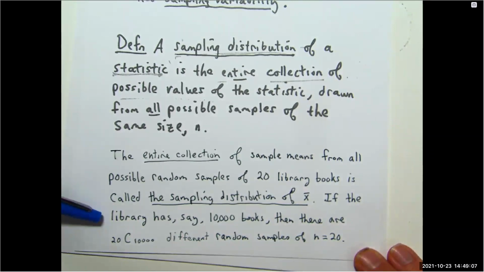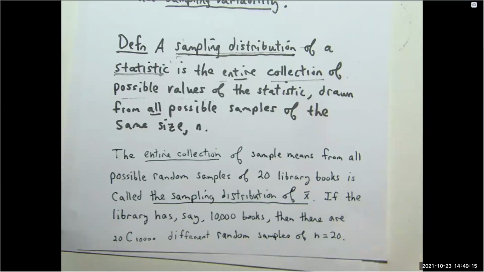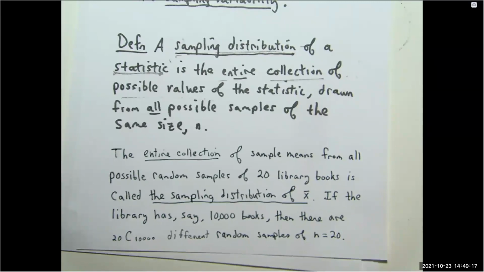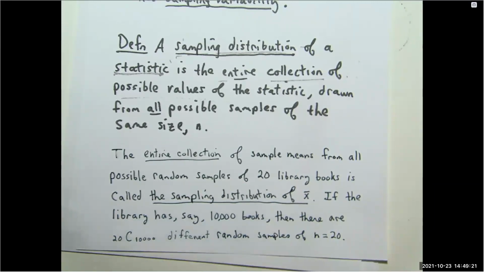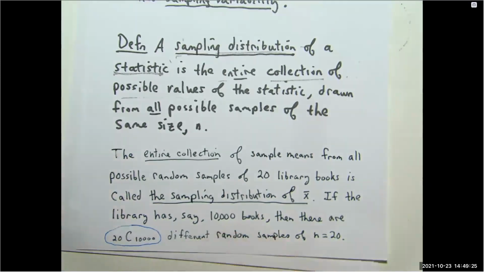If the library has, say, 10,000 books, then there are 10,000 choose 20 different random samples of size 20. So if we needed the entire sampling distribution, we would have to have this many different random samples and that many different sample means.